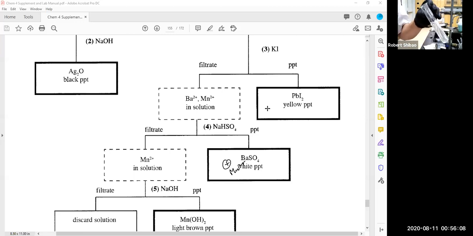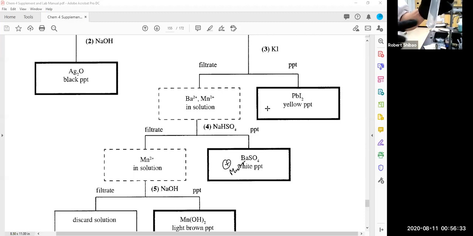So I add some squirts of KI to this. Okay, that's 1, 2, 3 squirts and no precipitate, no yellow precipitate.